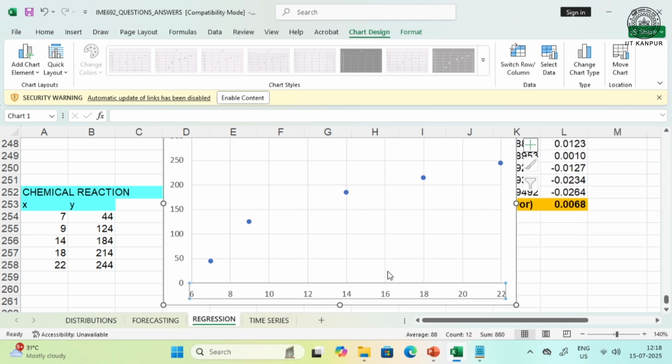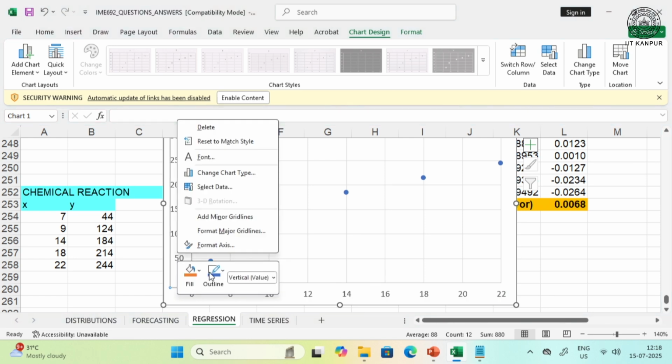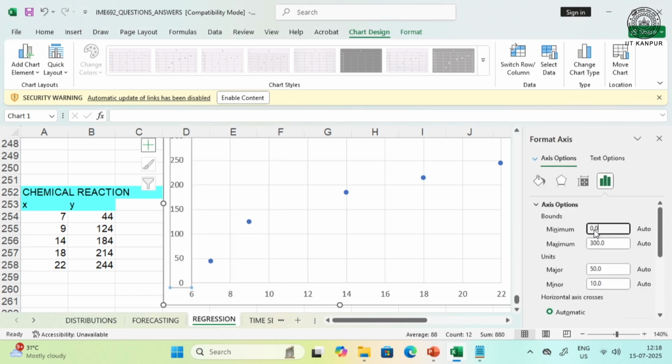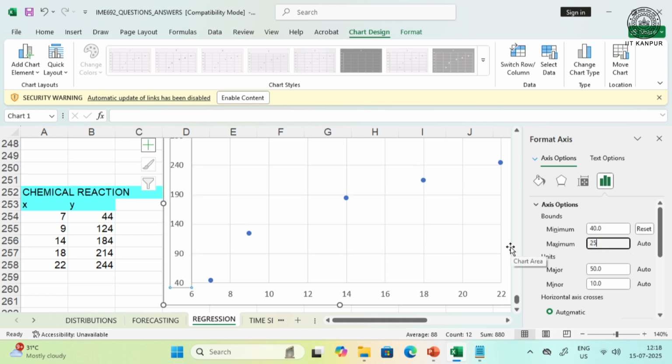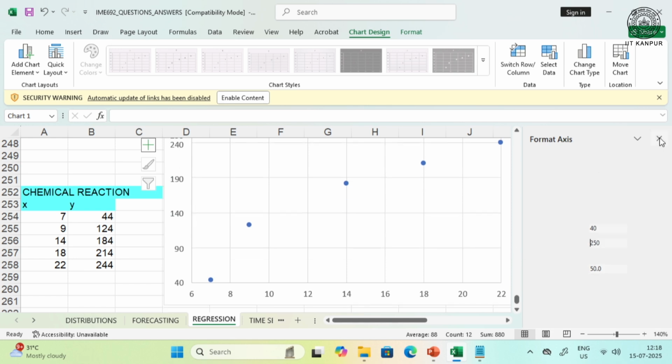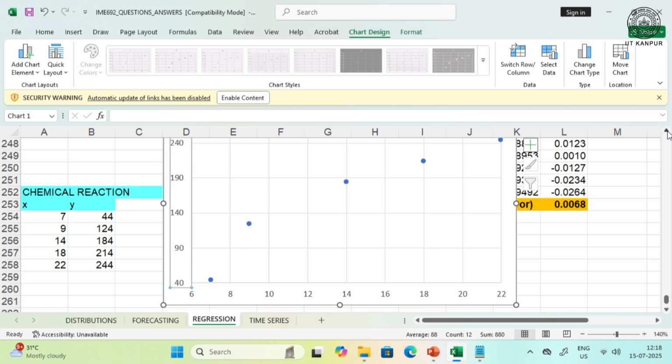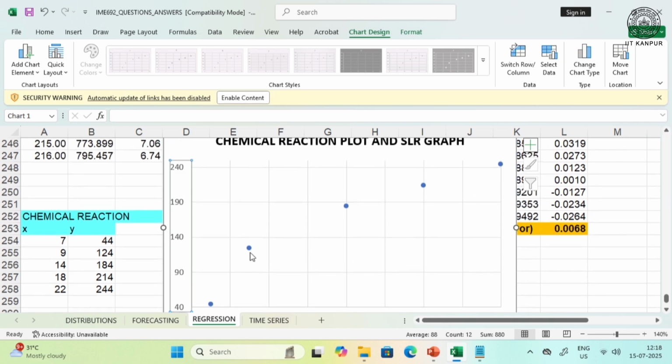So, the x axis is taken care of. And for the y axis, the values are between 40 to 250, so I can keep it from 40 to 250. Done. So, I have these 5 data points.